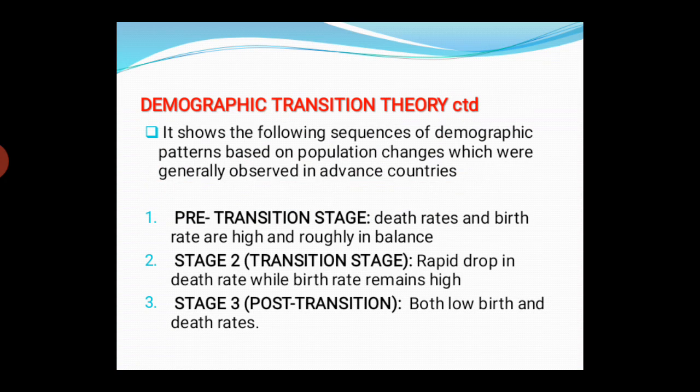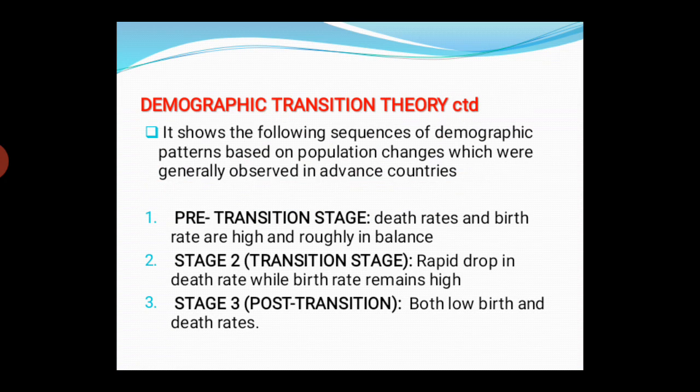Number 2 is the modernization era, the era in which there was development. What characterized this era is a rapid drop in death rate. However, there is still an increase in birth rate. What is responsible for this? It is modernization.